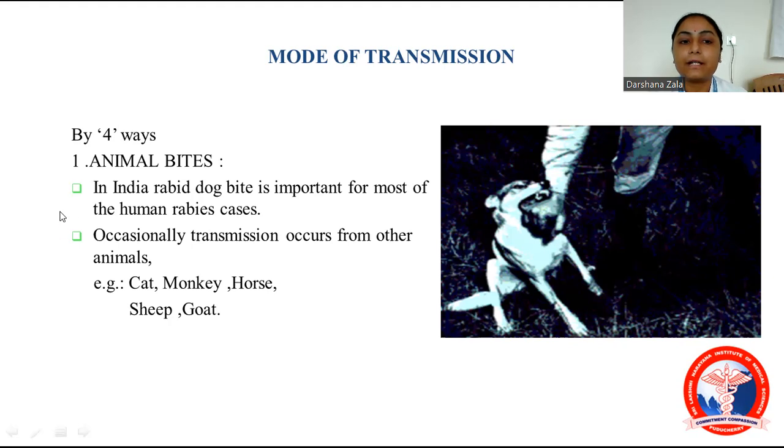In India, the rabid dog, meaning the dog which is infected with the virus, is the most important source for most human rabies cases. Occasionally, transmission occurs from other animals also, like cat, monkey, horse, sheep, and goat.